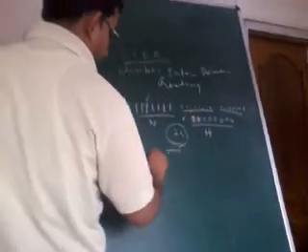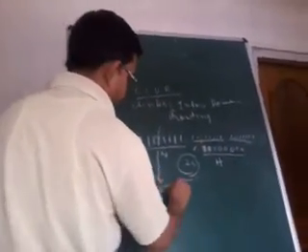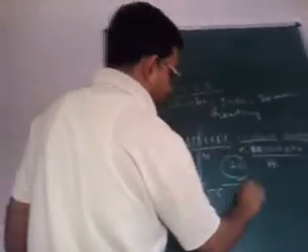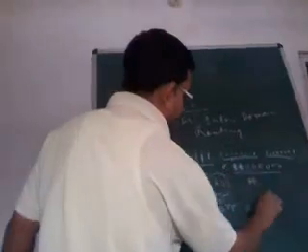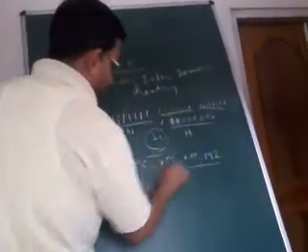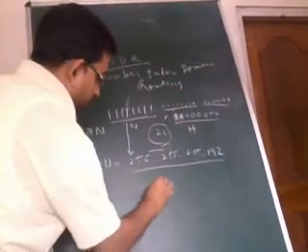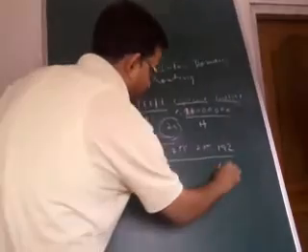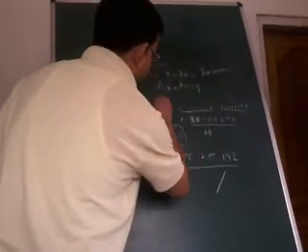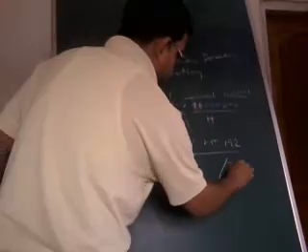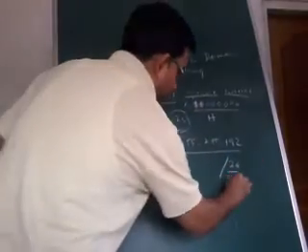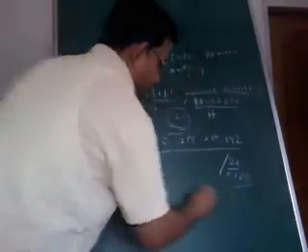So the mask is 255.255.255.192, and it can also be written in classless inter-domain routing as 24 bits plus 25 and 26, so it is /26. This is the concept of CIDR.